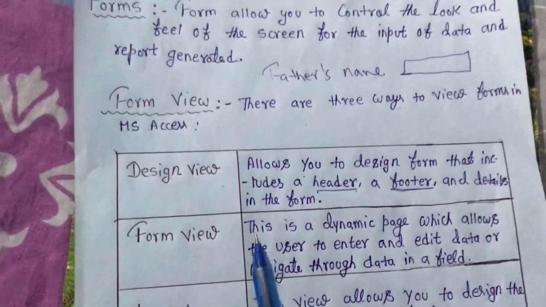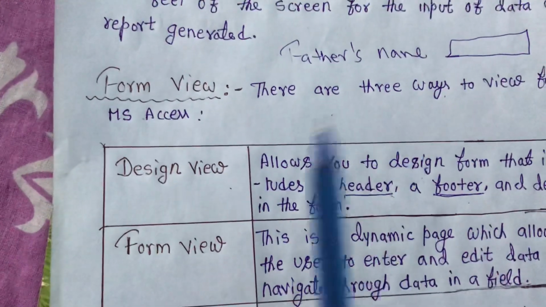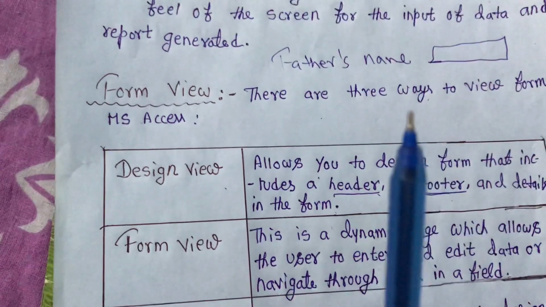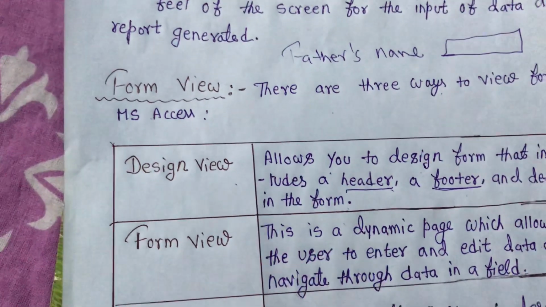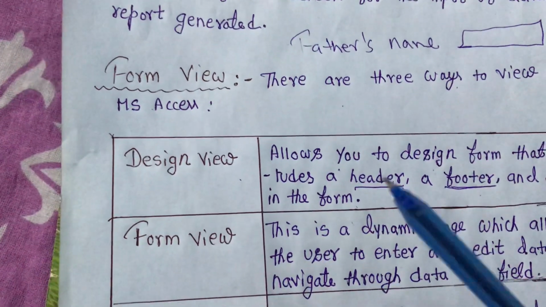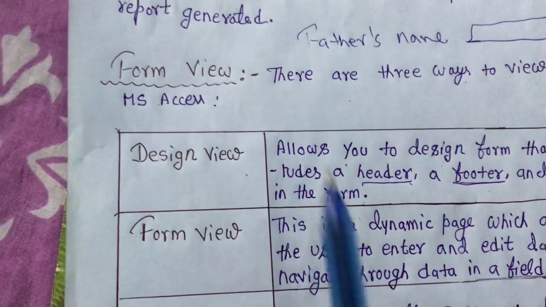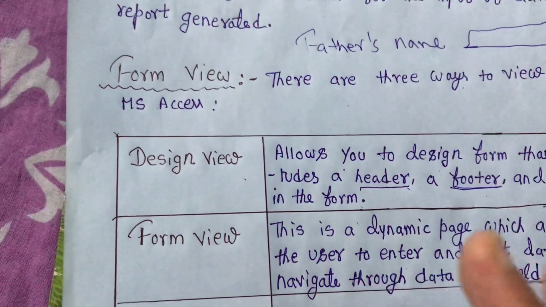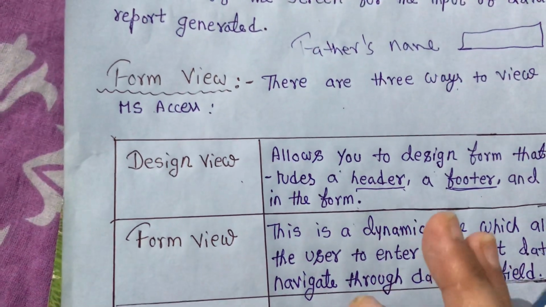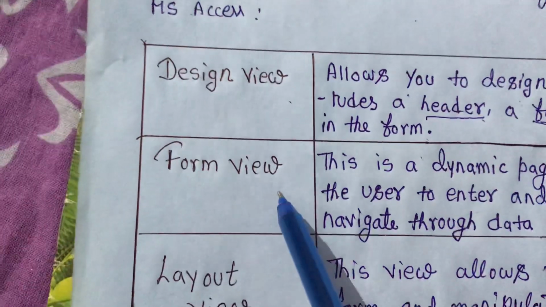Suppose you only want to include the first name of the student in the form, you don't want to add the last name or middle name of the student, or suppose you only want to include the address, not the landmark. So design view allows us to control which fields you want to include in the form. Understood?